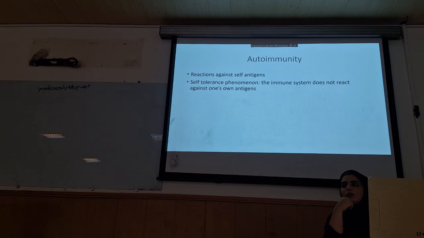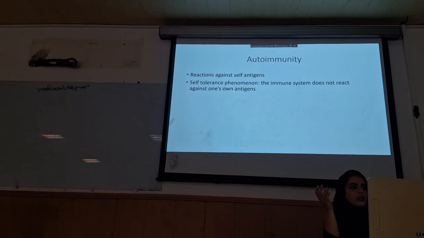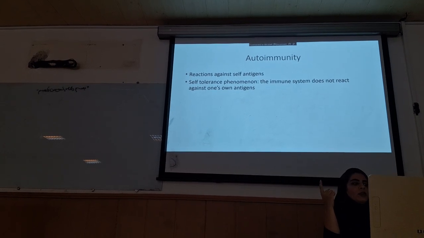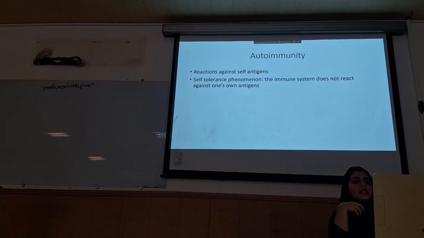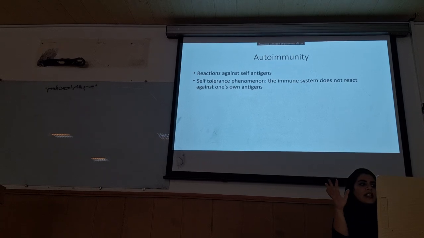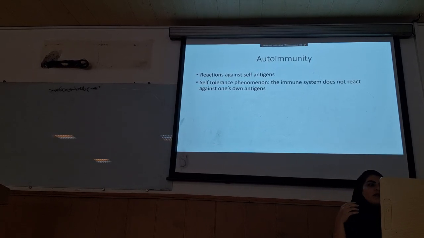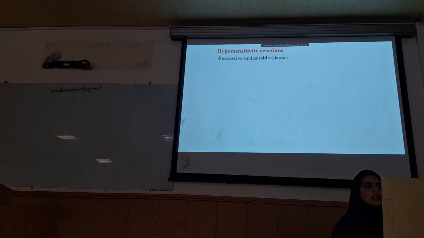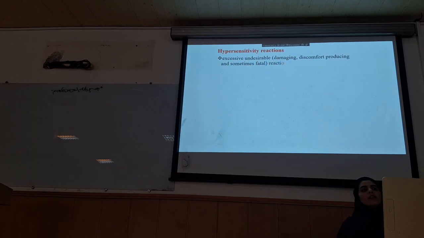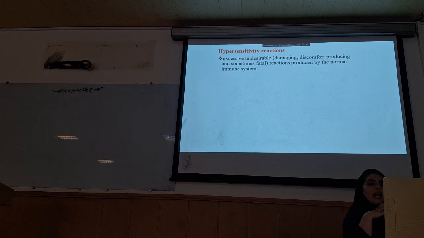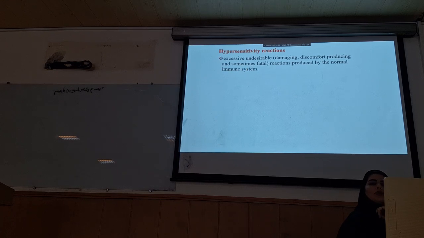What is autoimmunity? Autoimmunity is a reaction of the immune system against self-antigen. And we have a phenomenon, self-tolerance. The immune system does not react against one's own antigen. The name of this process is self-tolerance. Hypersensitivity reaction means an excessive undesirable reaction produced by the normal immune system.